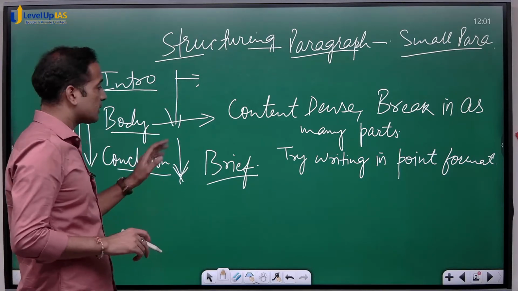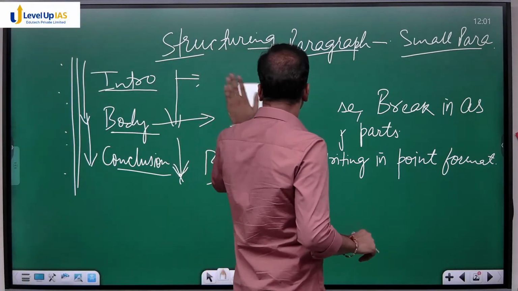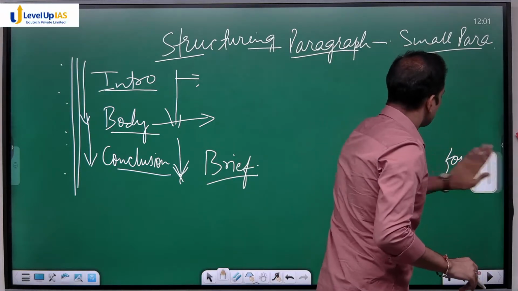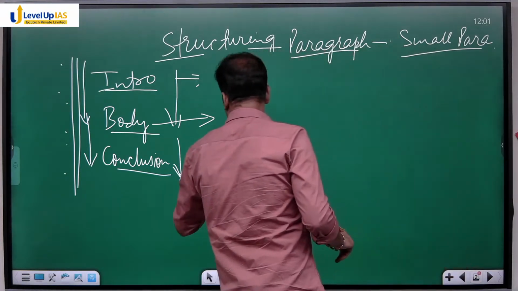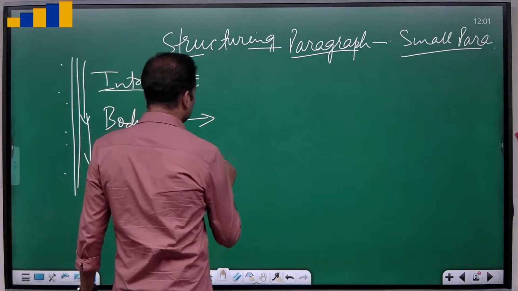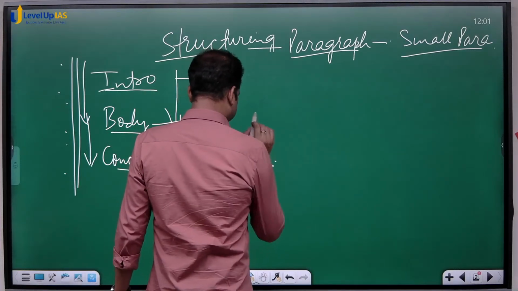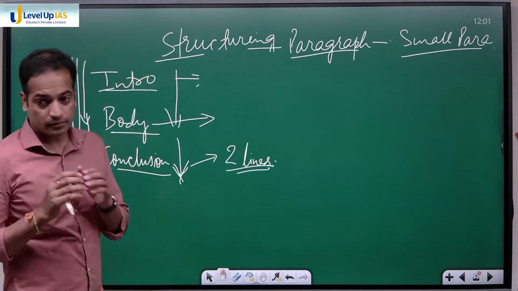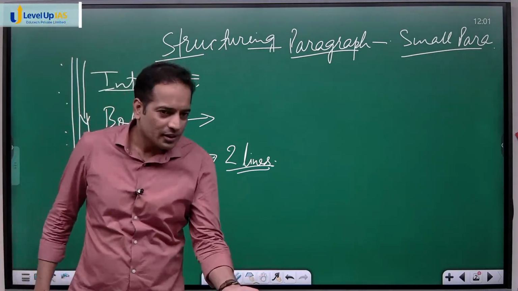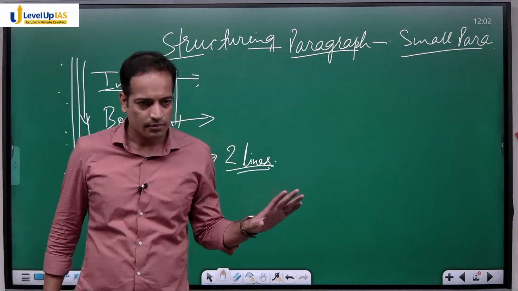ठीक है, अब आते हैं कंक्लूजन पे. As I said, just like intro, at the max 2 lines. And you see, in conclusion naturally it has to be forward looking and positive. Criticism के साथ खत्म नहीं करनी है.